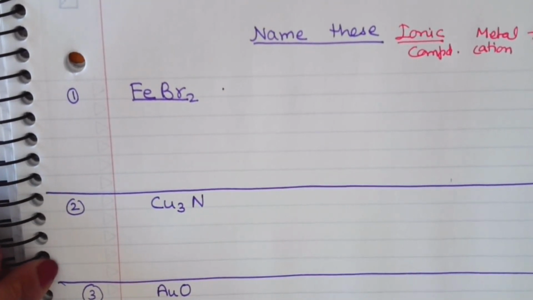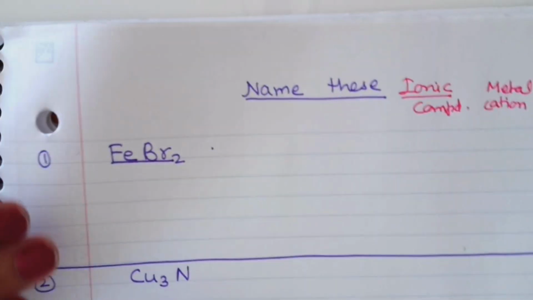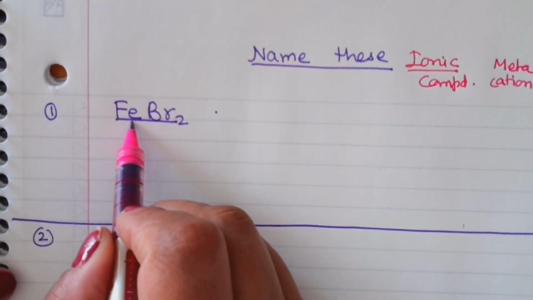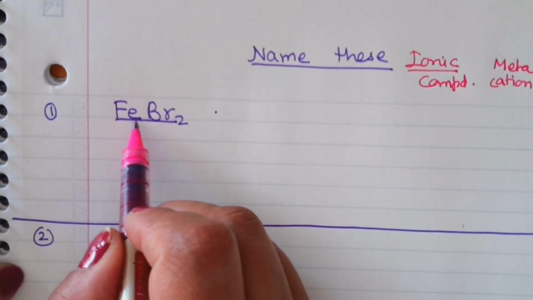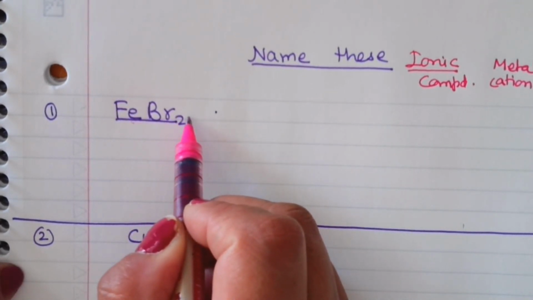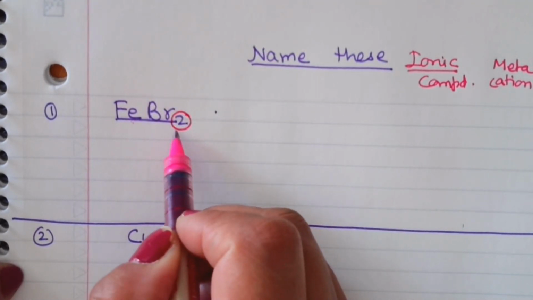I need to know the charge on Fe, right, before I name it. So how do I know the charge of Fe? We can always undo the crisscross. Now look at the subscript of bromine, right?